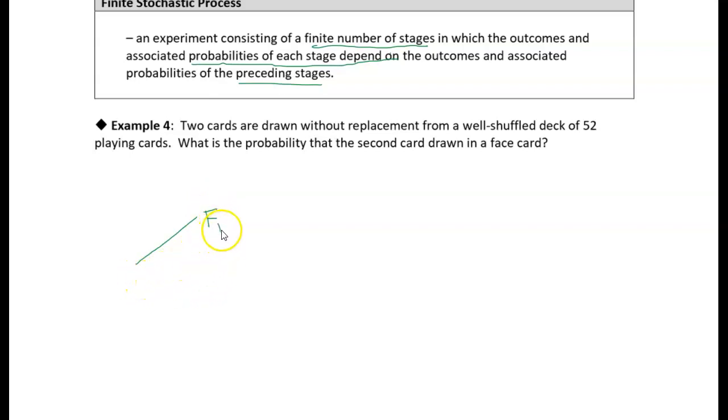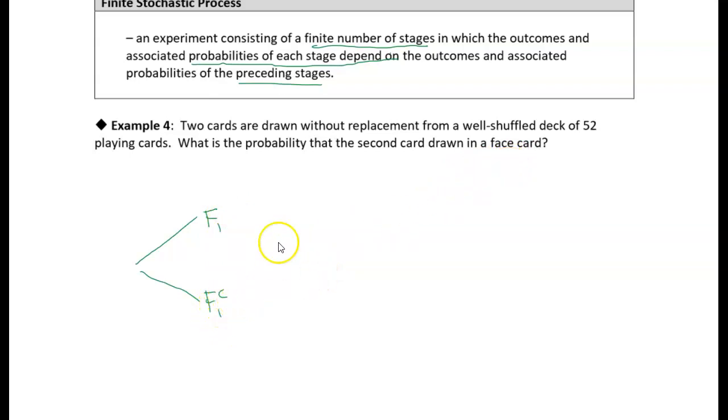F1 will be the event that we draw a face card on the first draw, and F1 complement will be the event that we do not draw a face card on the first draw. I'm concerned about that because it's going to determine what the outcome is for the second draw.